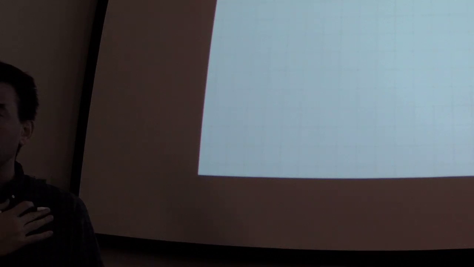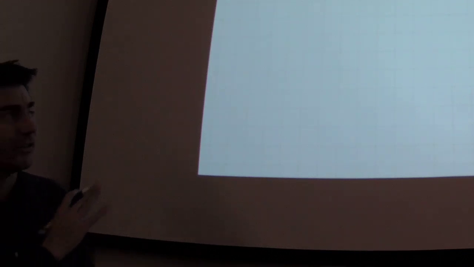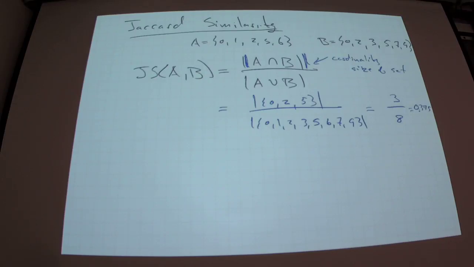In the lecture on Wednesday, we'll see why this is a really useful property to have. Not all set similarities have this property, but this one does. Okay. So if I were to add an object to A that was not in B, should they become more similar or less similar?